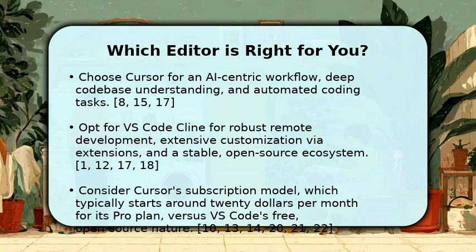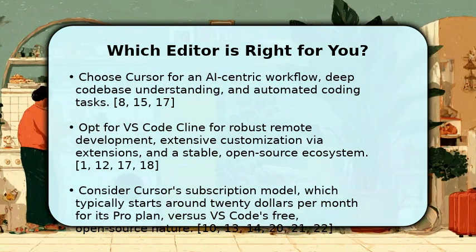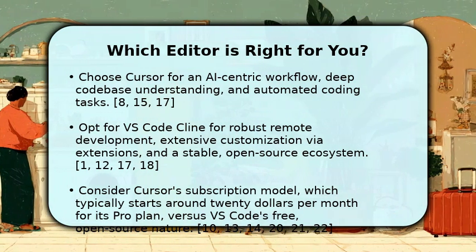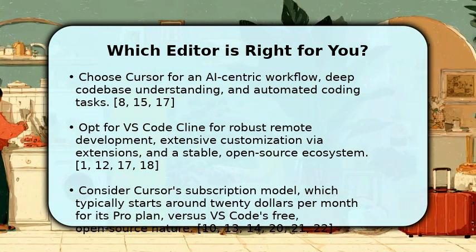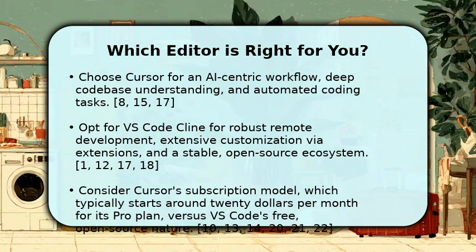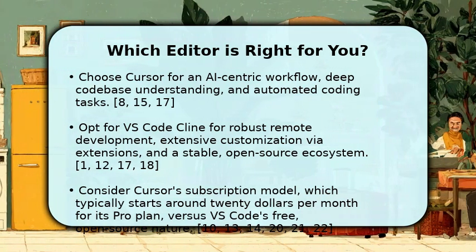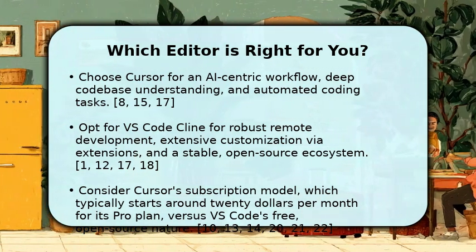While Cursor offers a compelling AI-first experience, its subscription model, often around $20 monthly, is a factor to consider against VS Code's open-source availability.